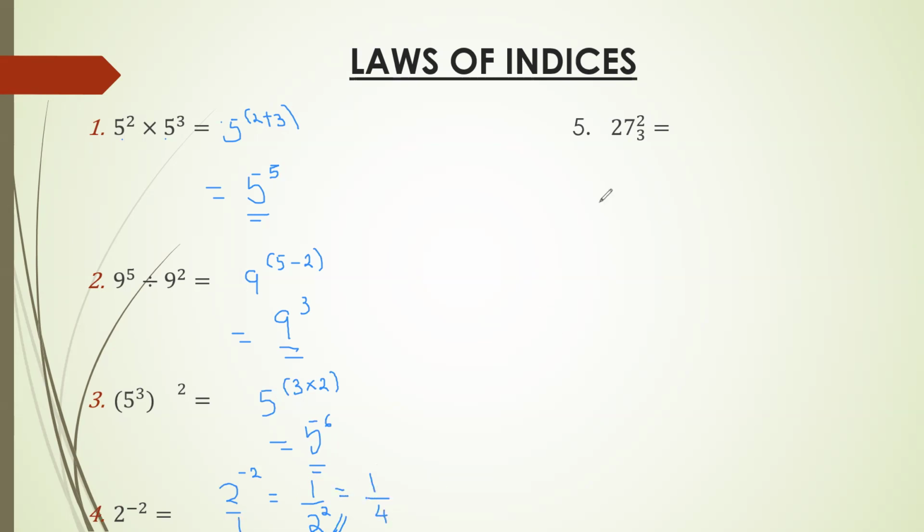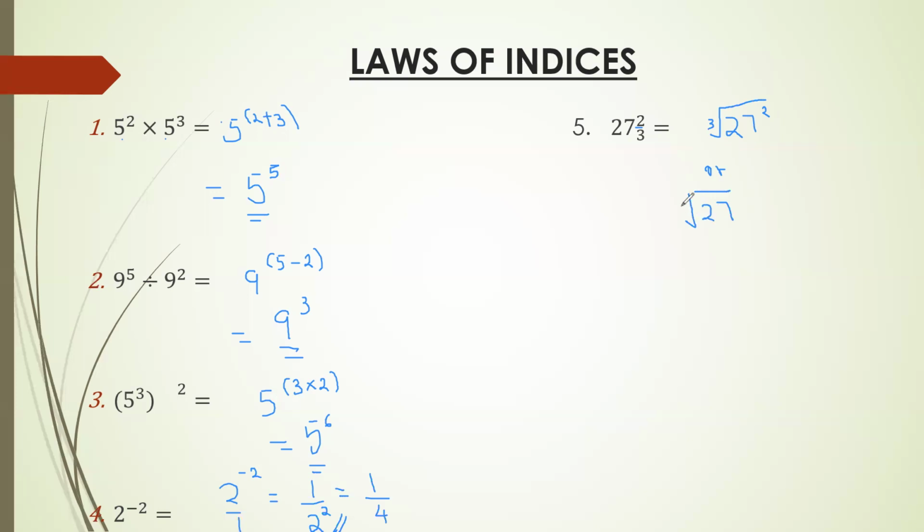And the next one is 27 power 2 over 3. Your power now is a fraction, so what do you do? You take 27, we square it, and after squaring it, we cube root it. Another way of solving is to cube root it first.